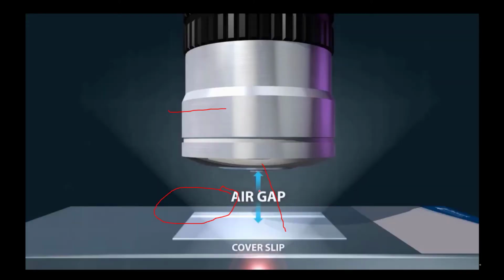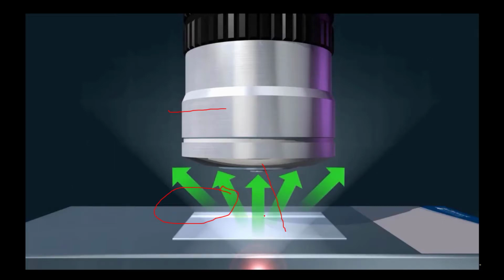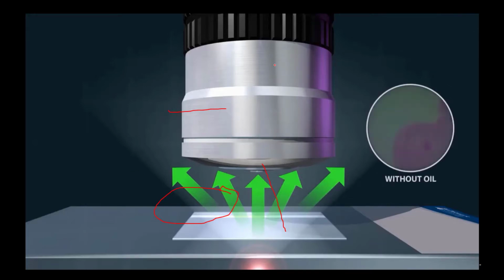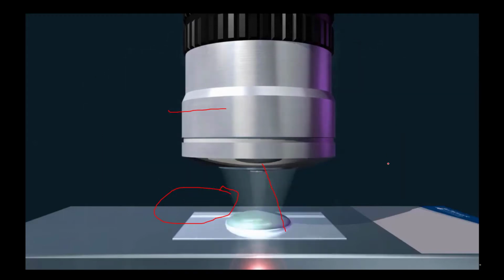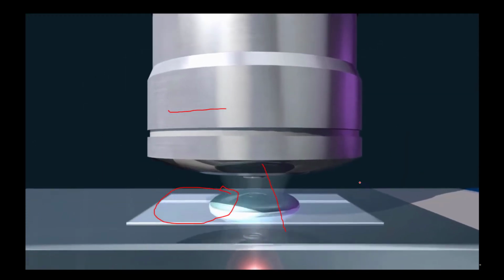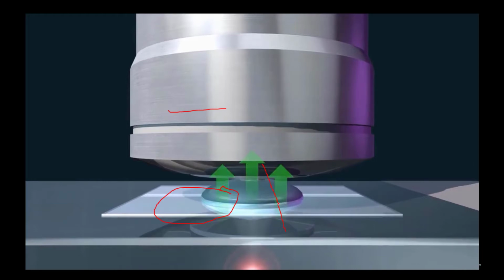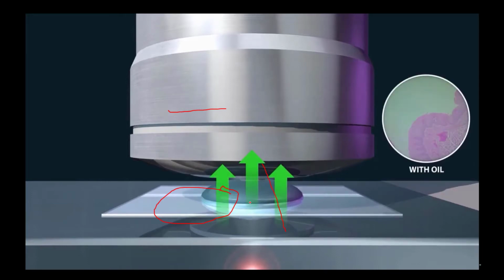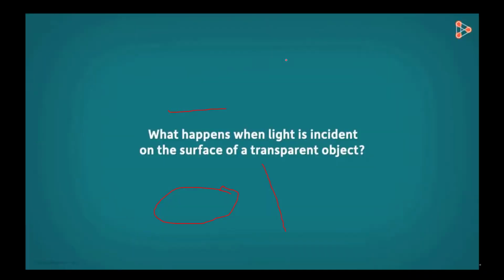So this is the air gap, that is the gap. Air का refractive index कम है, and because of this क्या होगा? The light rays will go away from the particular areas. So very few go in, so it will be a very blur image. When we use the oil here, what will happen? All the light rays will enter into the objective lens and you will see the good image, right?